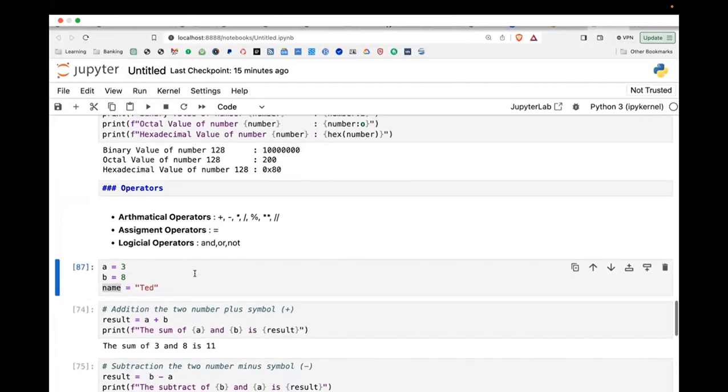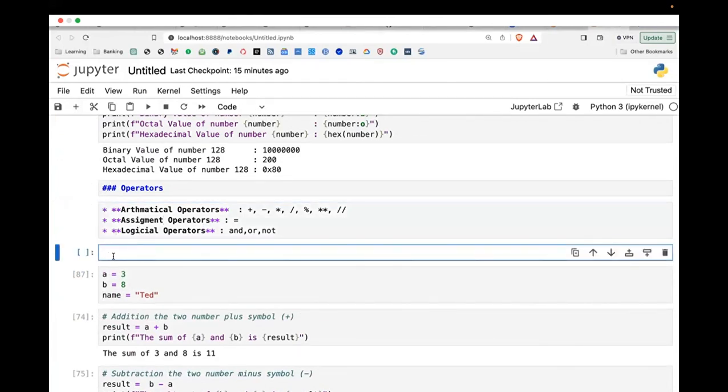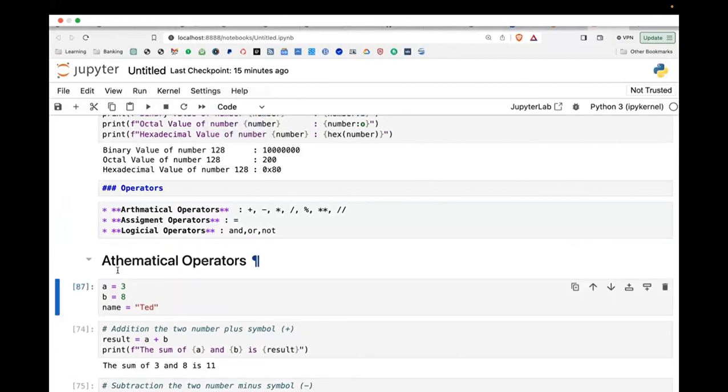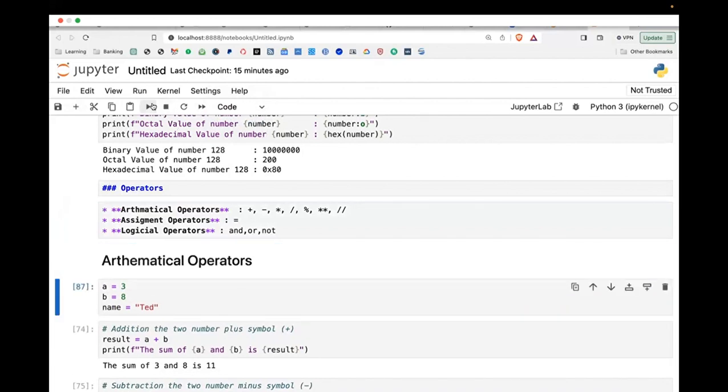Okay, this was arithmetic operators, sorry. I was writing it correctly.